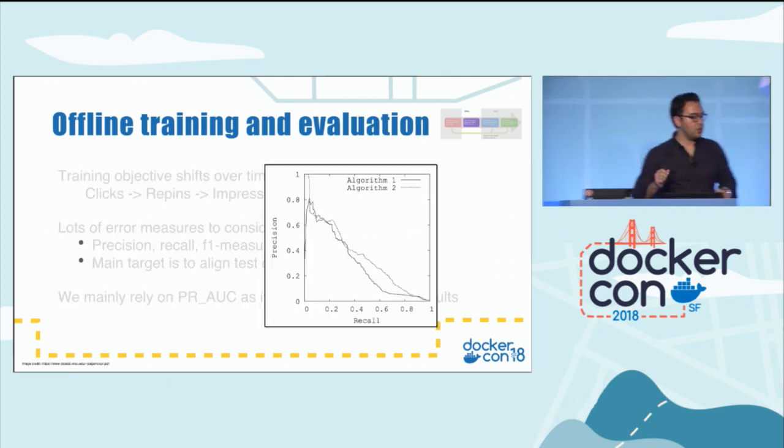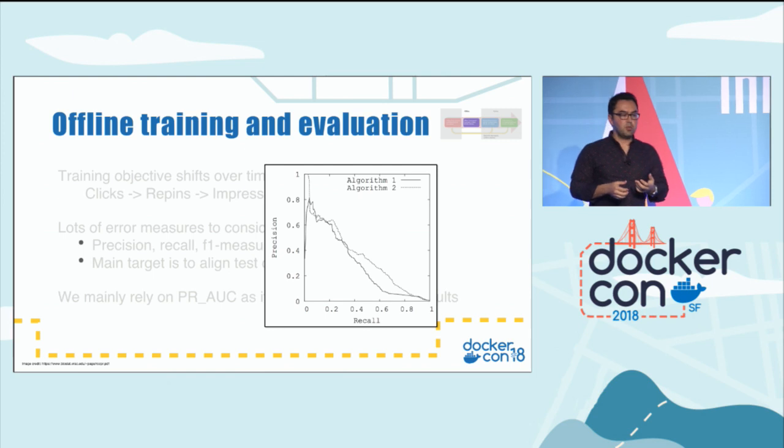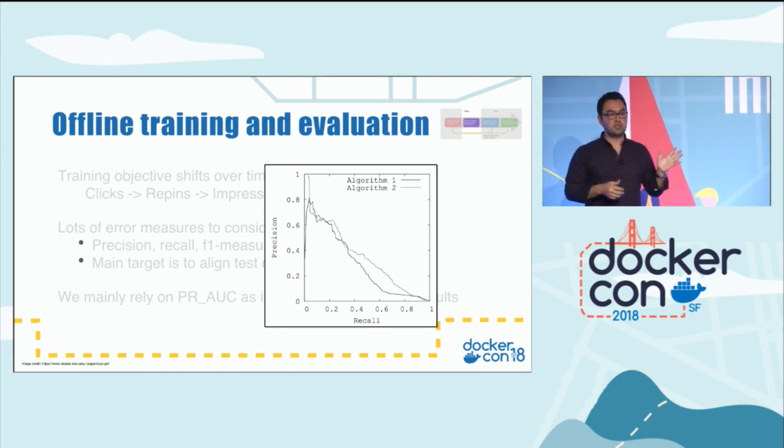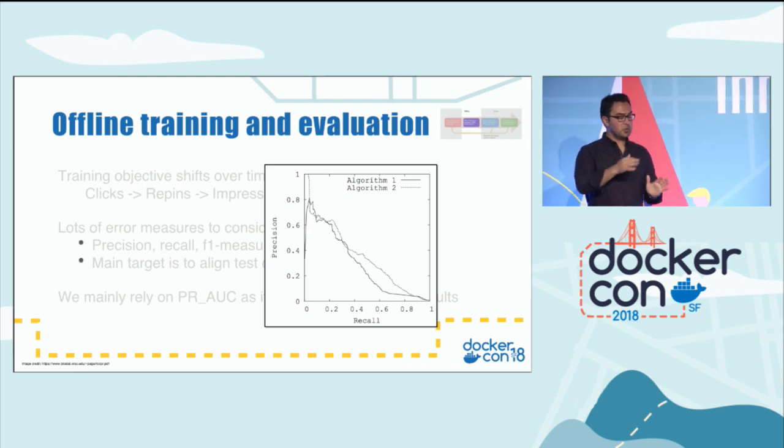And most of you may already know, but just to give you an idea, you can use it to compare two algorithms. And on one axis, you have your precision, and on the other axis, you have your recall. There is another version of the AUC, which is ROC AUC. It's between true positive and false positive rate.